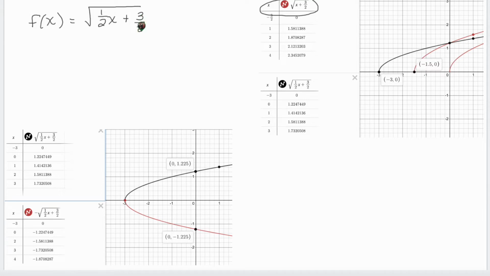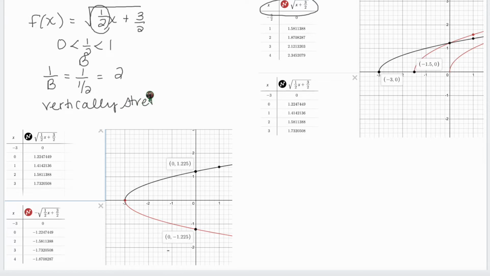This value tells me that I'm going to horizontally stretch because this is between 0 and 1. This is my b value, and 1 over b is 1 over half, which is 2. This is going to horizontally stretch my graph because my x values are going to be multiplied by 2.